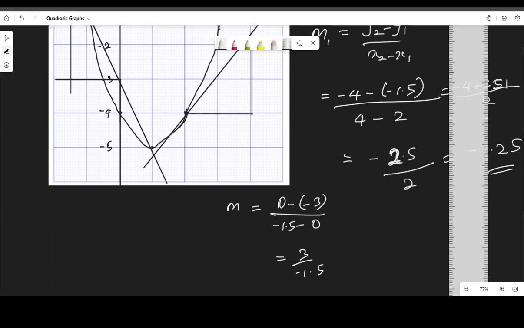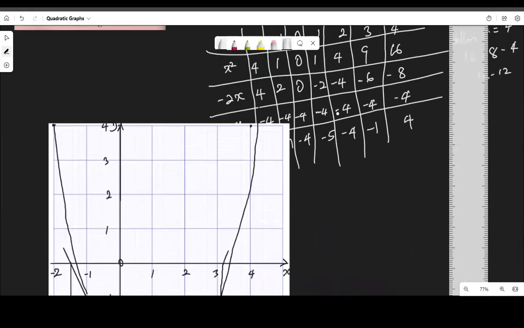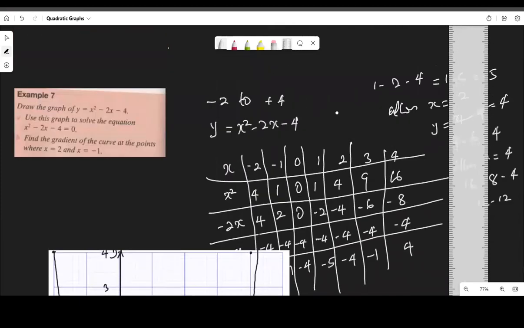That will be 3 divided by 1.5, which is about 2, minus 2. That was a rough one anyway. That is how to calculate the gradient by that. It's a rough sketch.